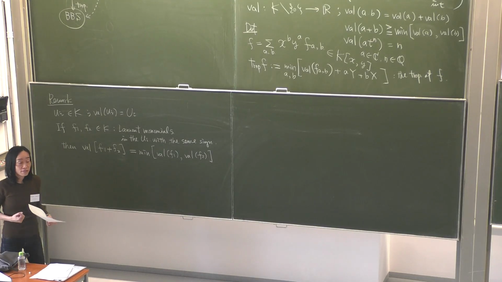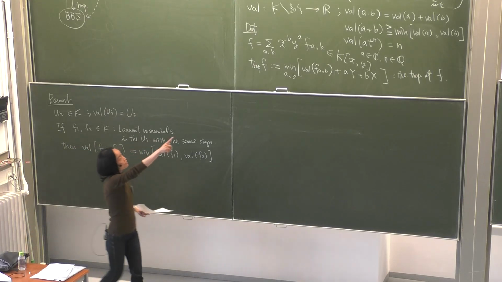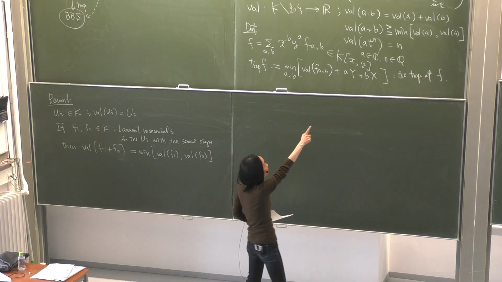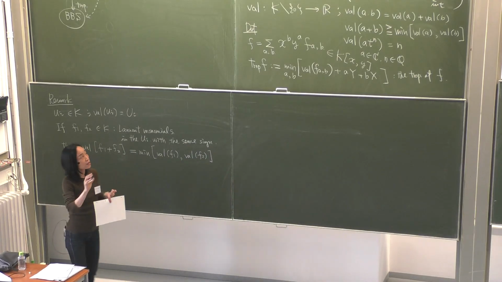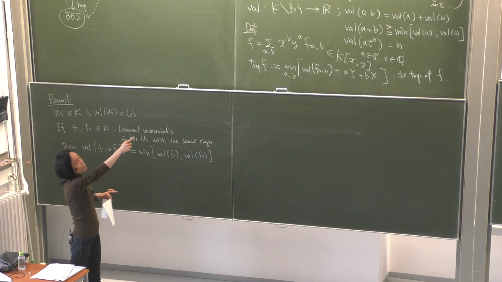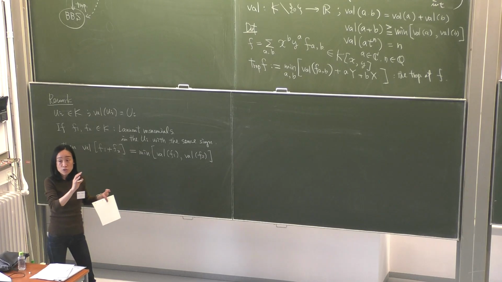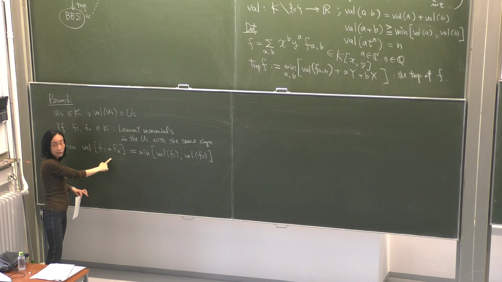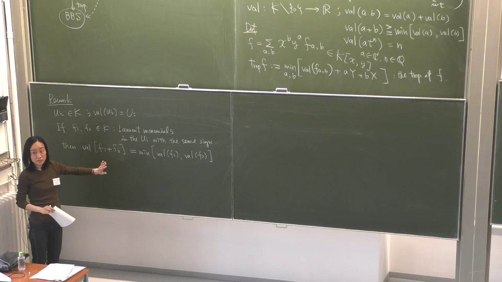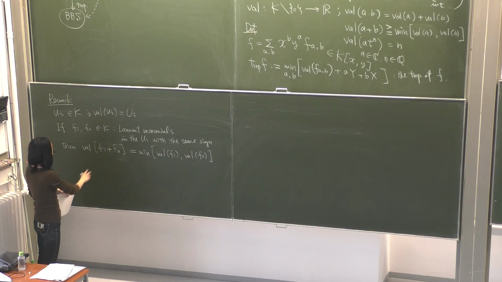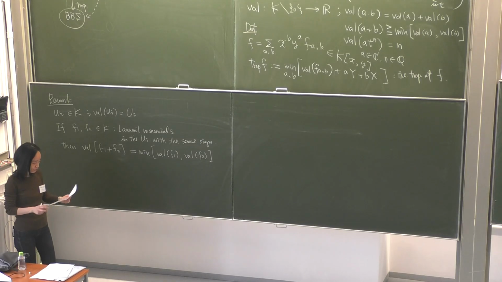The inequality appears when the minimum term in, for example, Puiseux series may vanish in this sum if the signs are different, but we don't like such a situation. So please note this very basic property.